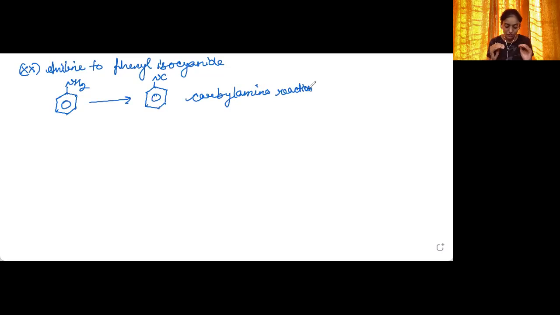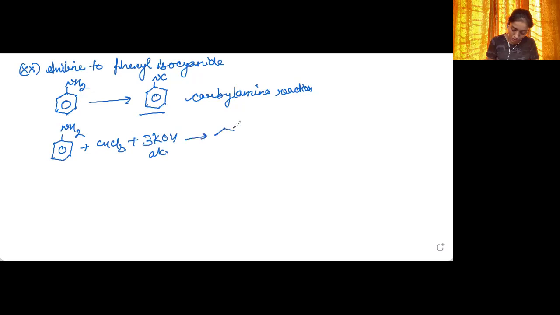I'm not sure why they have given this reaction in this chapter, but still they have given it, so we need to do it. What we do here is treat the primary amine, which in this case is aniline, and convert it into phenyl isocyanide by treating it with CHCl3, that is chloroform, and alcoholic KOH.